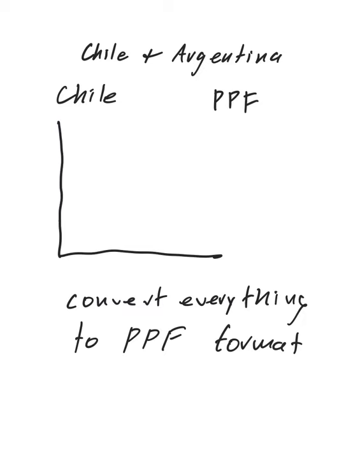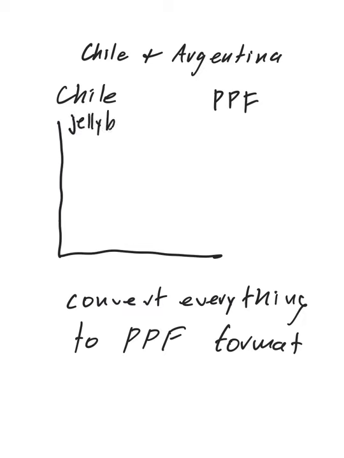So, Chile has 1,000 hours of labor. 1 hour of labor produces 1 pound of jelly beans. So that's sort of easy. In Chile, an hour of work produces a pound of resources, where the resource we're talking about is jelly beans. So let's put jelly beans on the vertical.